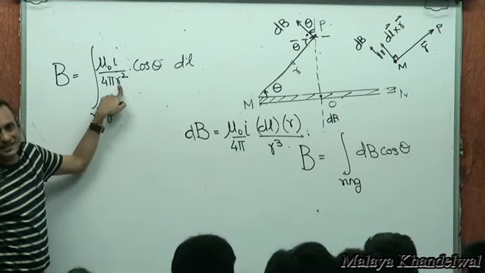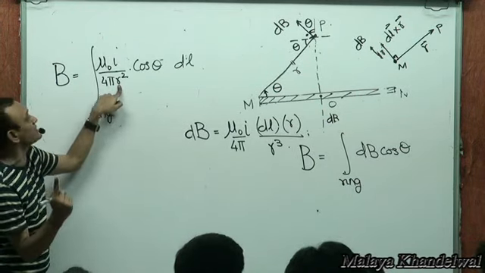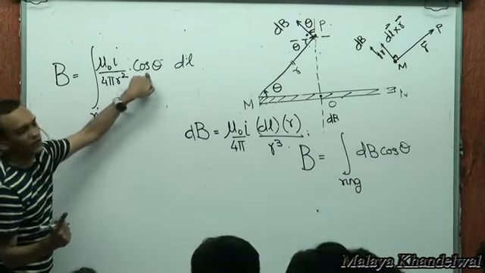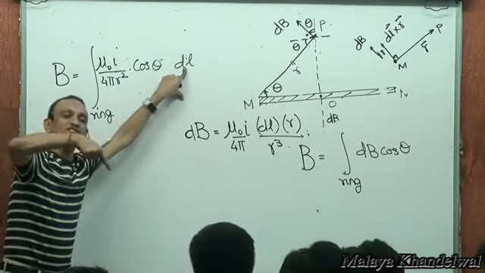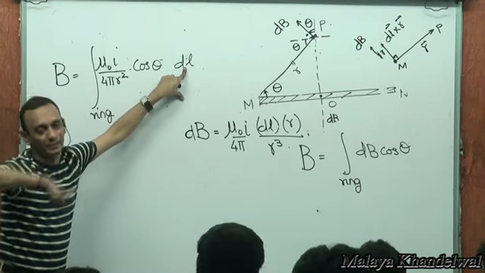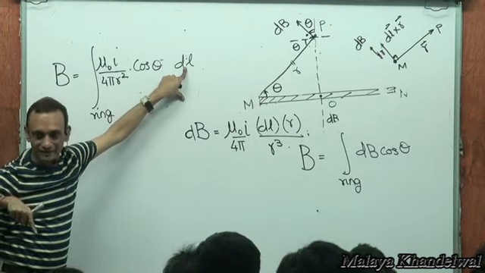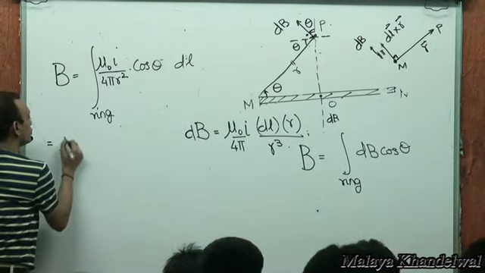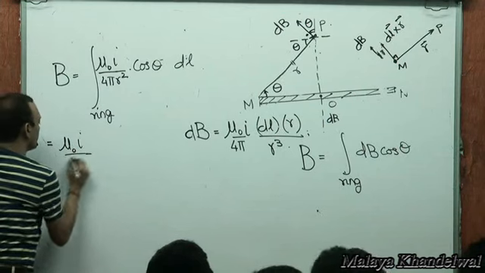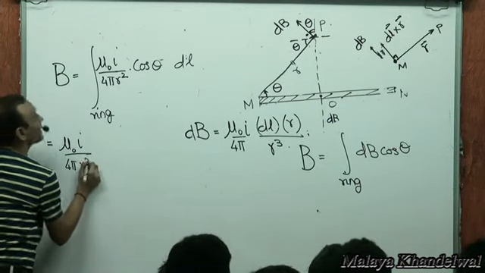Again, this small r, the slant height of the cone, is the same for all dl's. So mu naught I by 4 pi r squared cos theta, everything comes out, and integral dl would be the circumference of the ring, which would be 2 pi into capital R. Yes or no? Right?